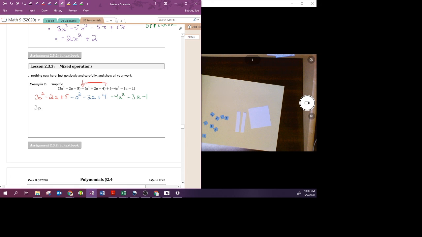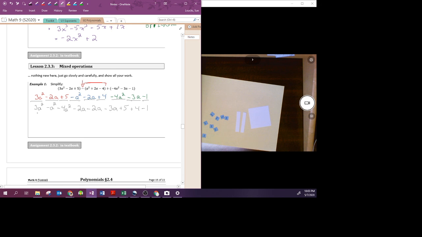So I get 3a squared minus a squared minus 4a squared and minus 2a minus 2a minus 3a plus 5 plus 4 minus 1. Okay, and then I go and I just check that I have actually underlined all of the terms up here in case I missed one along the way.